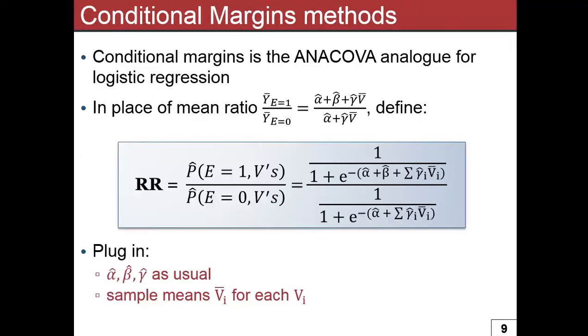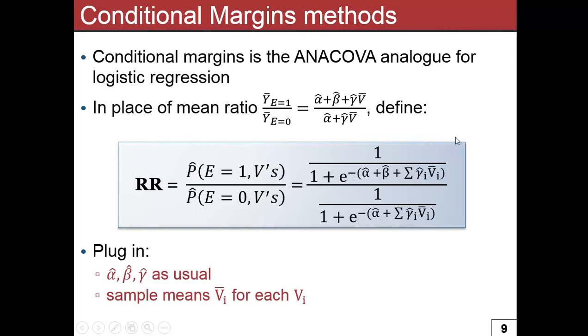The analog of this weird thing we just talked about is called the conditional margins method. It's the equivalent of the analysis of covariance, but in the logistic regression model. Instead of computing the mean ratio, we're going to compute the risk ratio. It's going to be the ratio of two logistic formulas: the probability of the outcome when you're exposed over the probability of the outcome when you're unexposed.